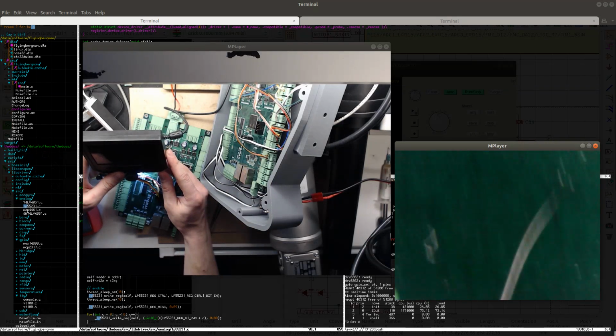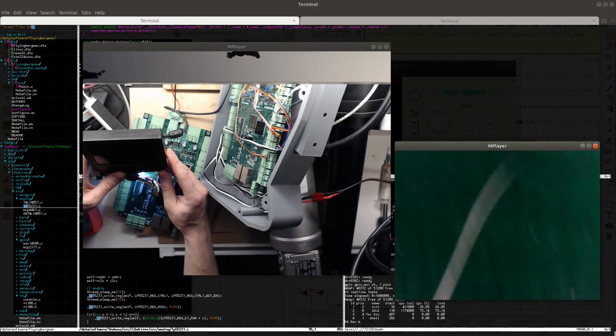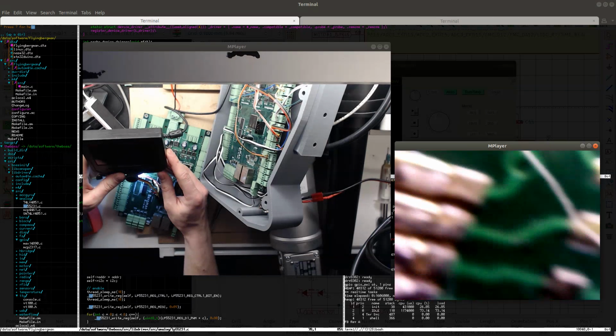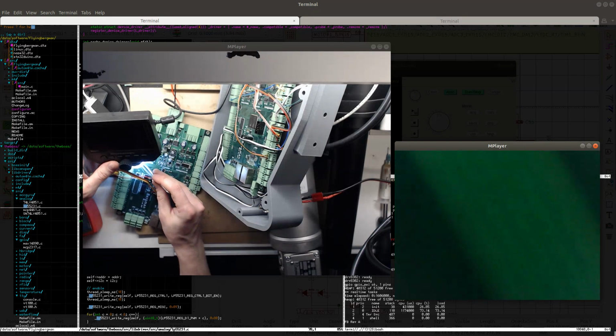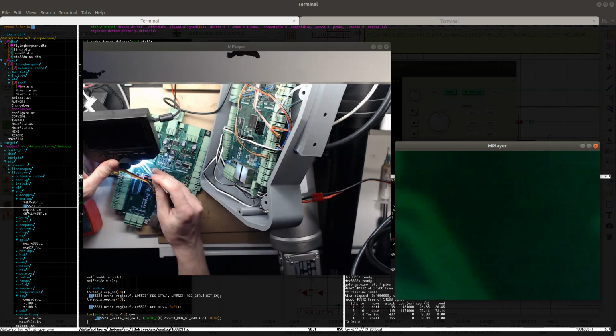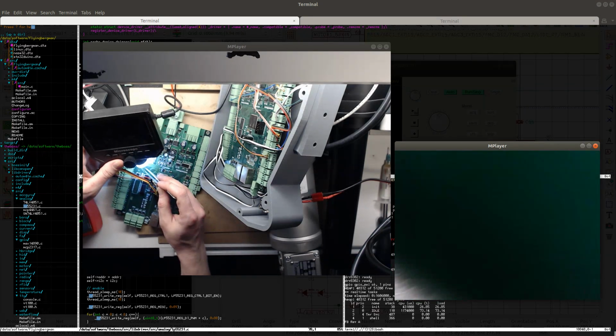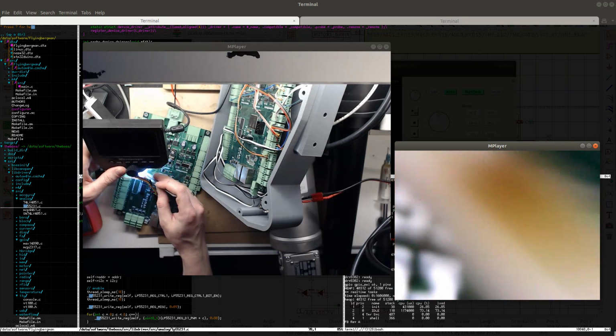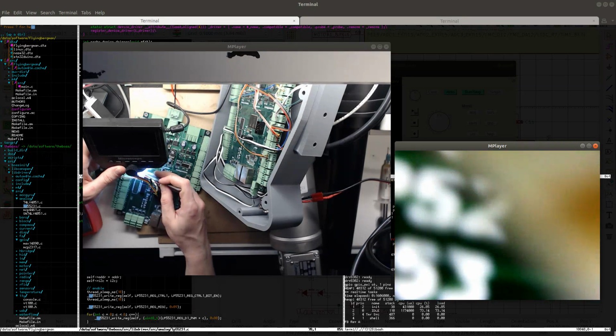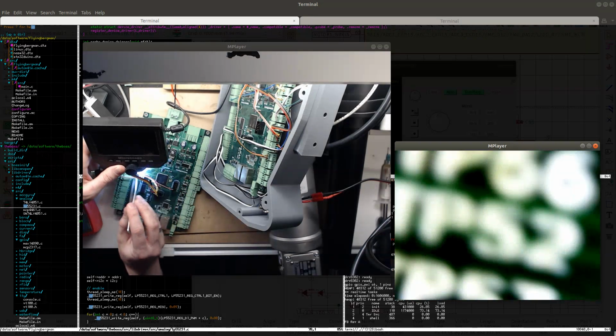Where's the text pointing? That's a dog hair. Everything sticks to the boards. Where's the dog hair? There it is. Everything sticks to the flux.